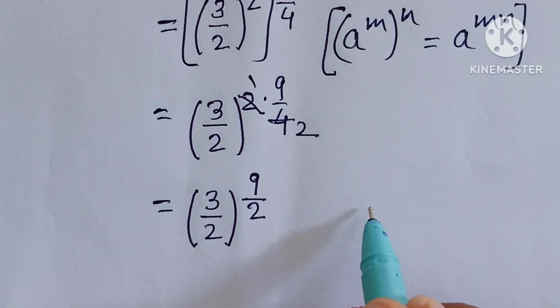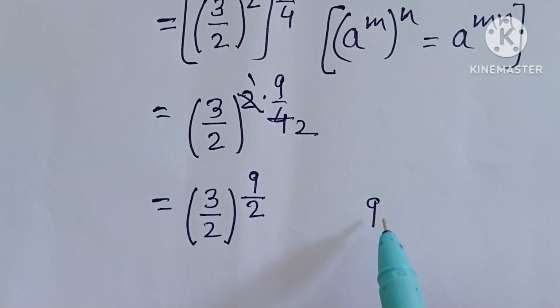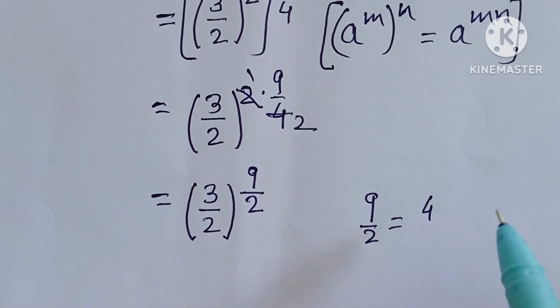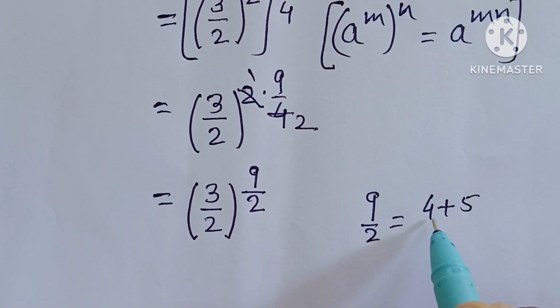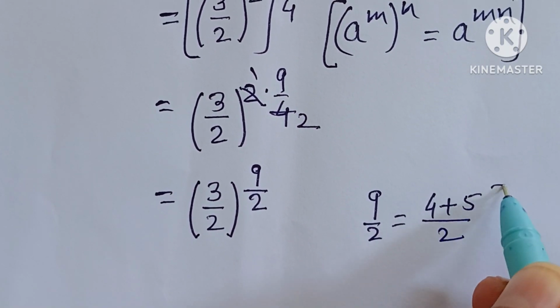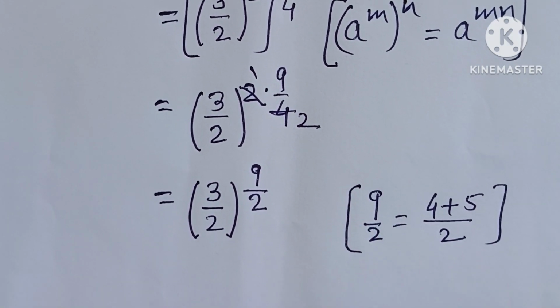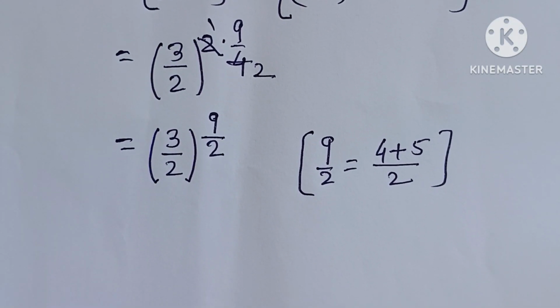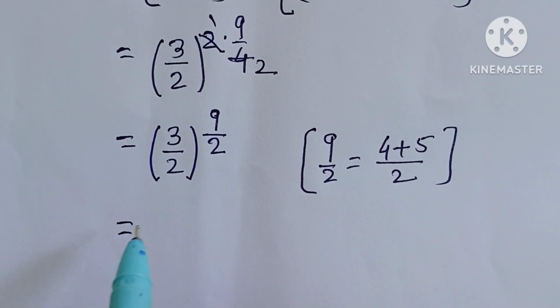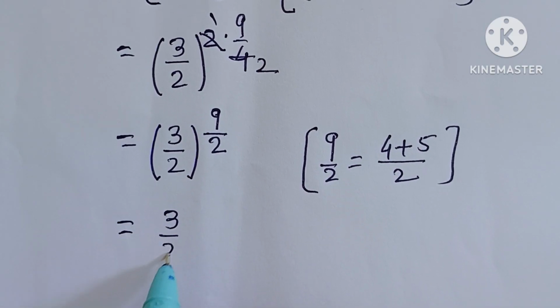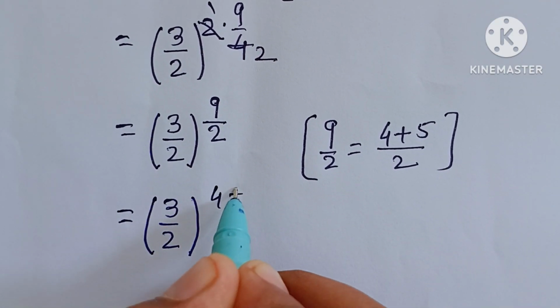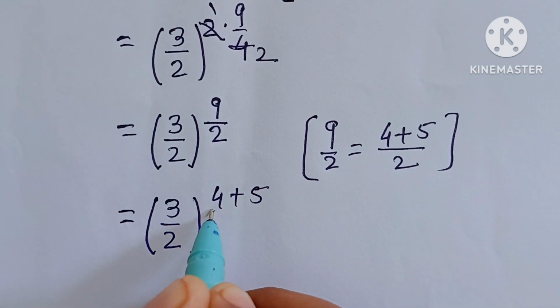Now how can we write this 9/2? 4 plus 5 divided by 2. In this way we can write this 9/2. Now (3/2) raised to the power (4 plus 5)/2.